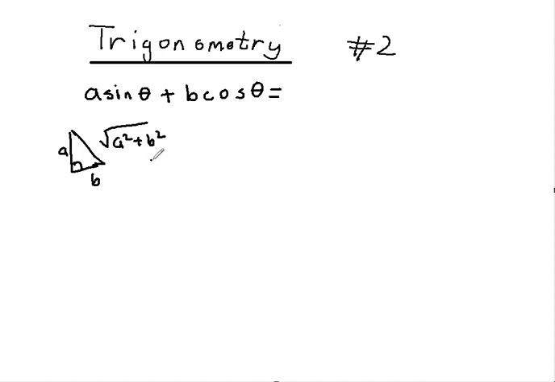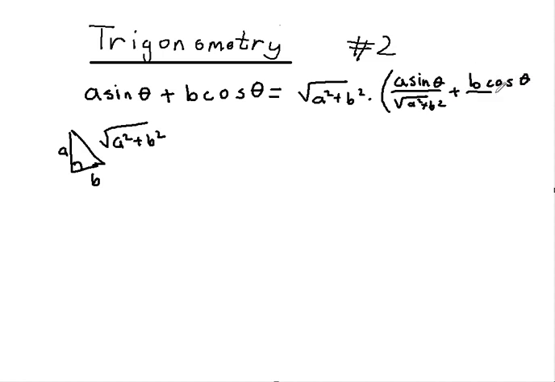So we can divide and multiply this expression by root a squared plus b squared, so we get something like this: a sine theta over root a squared plus b squared, plus b cos theta over root a squared plus b squared.